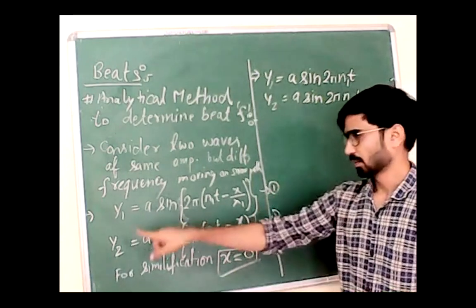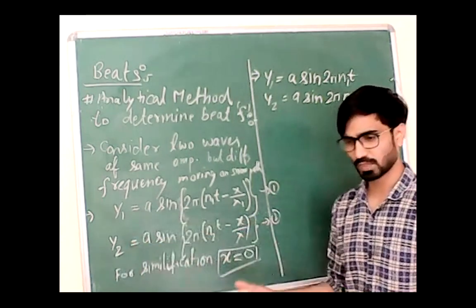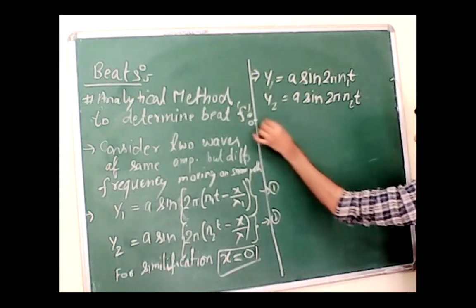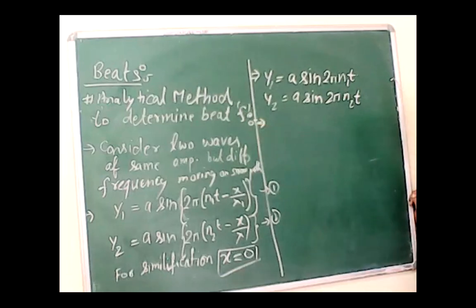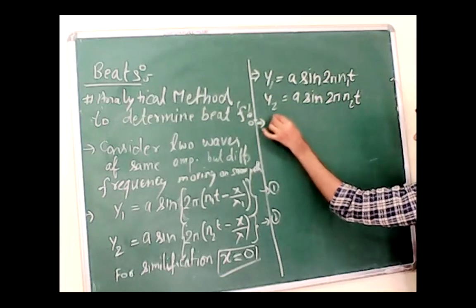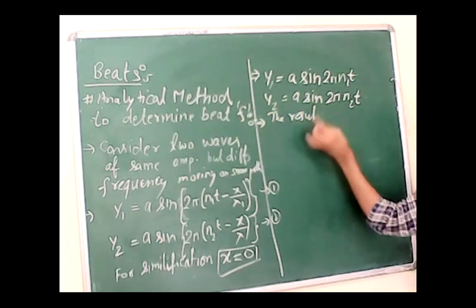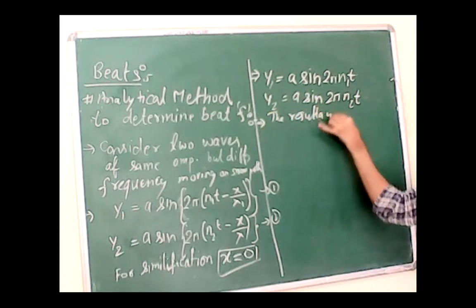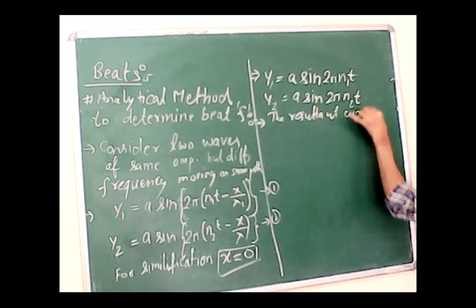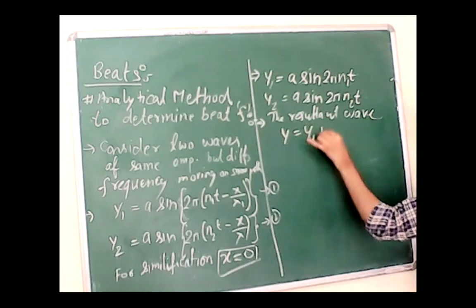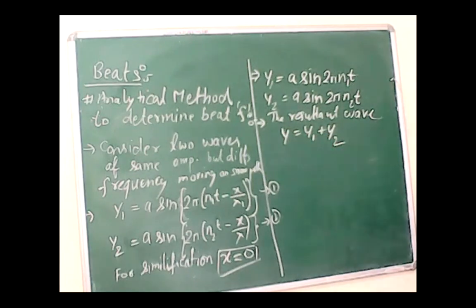Now what happens next? We know that both waves get superimposed on each other. That means we have to add these two equations. By the principle of superposition, the resultant wave is y equal to y1 plus y2.